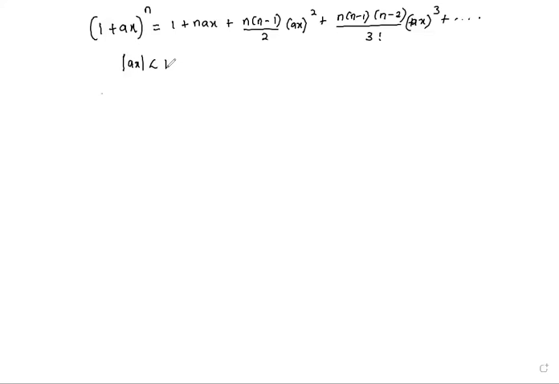Okay, from that, you also need to understand how to get the term. It's always this formula. This one gives us a range of validity. Okay, so that's the T R plus 1.